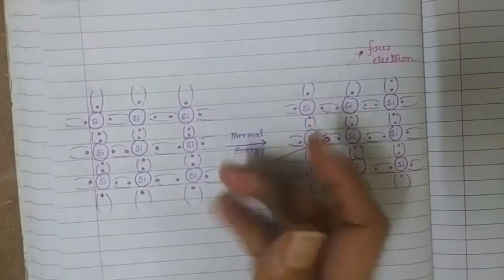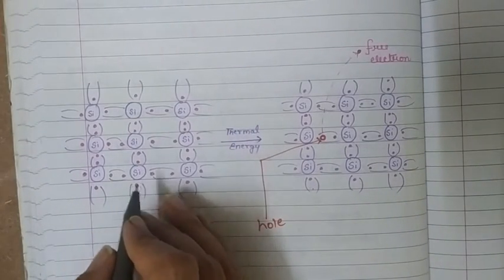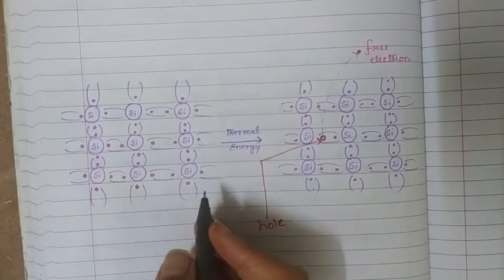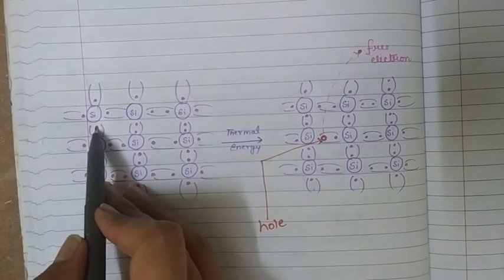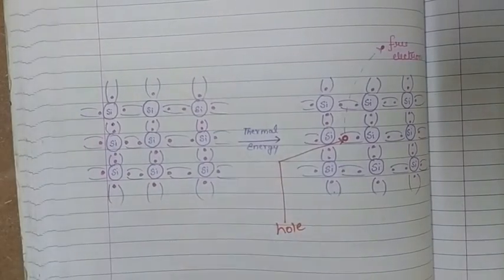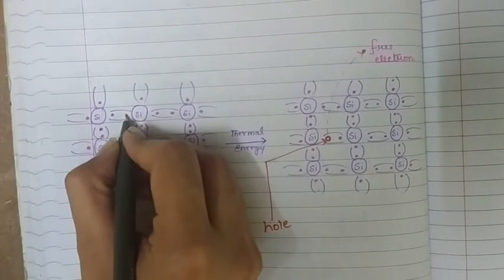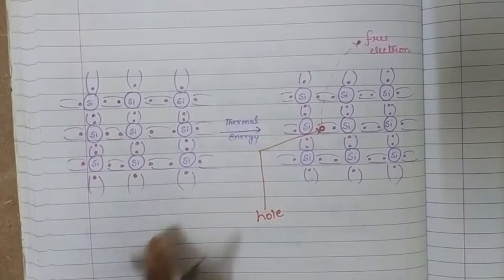This can be shown in this structure. I have taken the example of silicon here, we can also take germanium. Both silicon and germanium have 4 valence electrons and they form covalent bonds to the nearest 4 atoms in the way it is shown in the diagram.